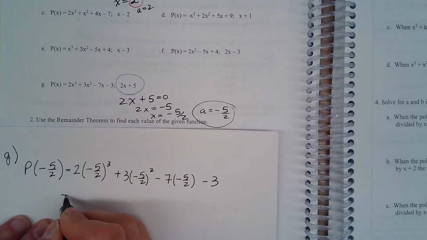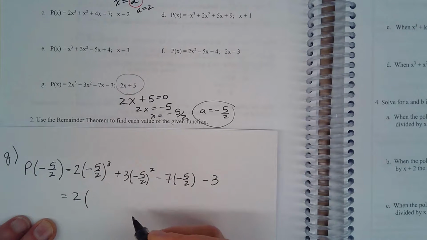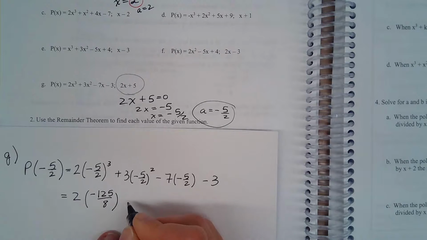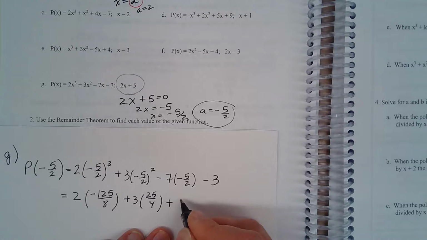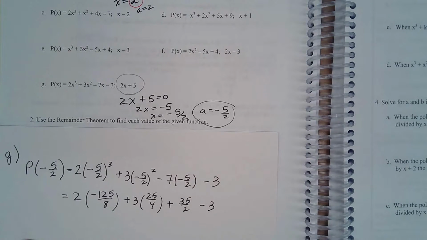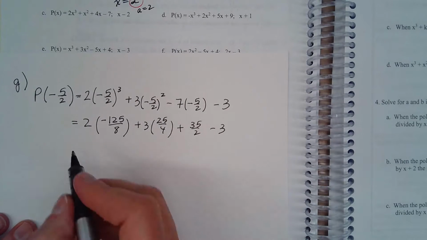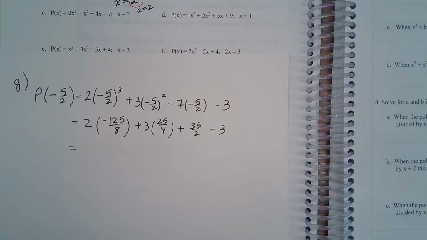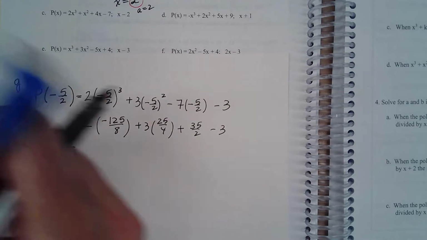So remember, exponents first. Negative 5 cubed is negative 125. 2 cubed is 8. And that gives me 25 fourths. And this gives me positive 35 halves. Hopefully some of these denominators end up disappearing a bit. You know what I'm going to do? I'm going to make things easier.